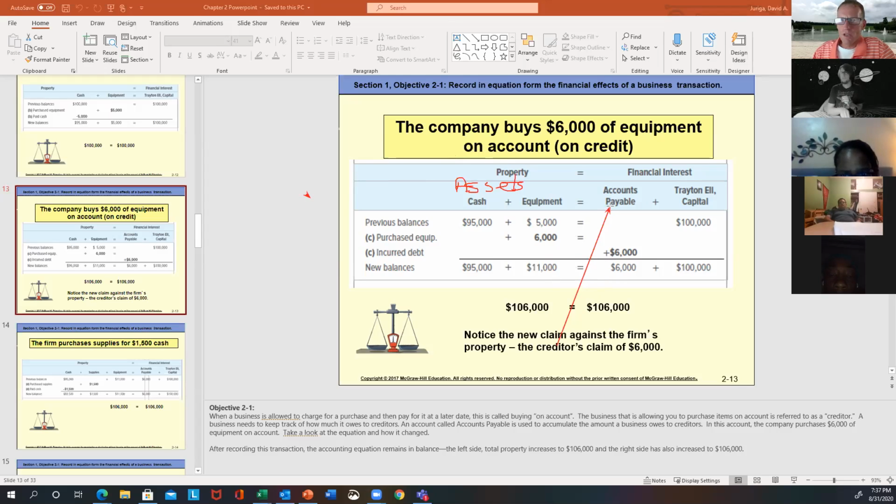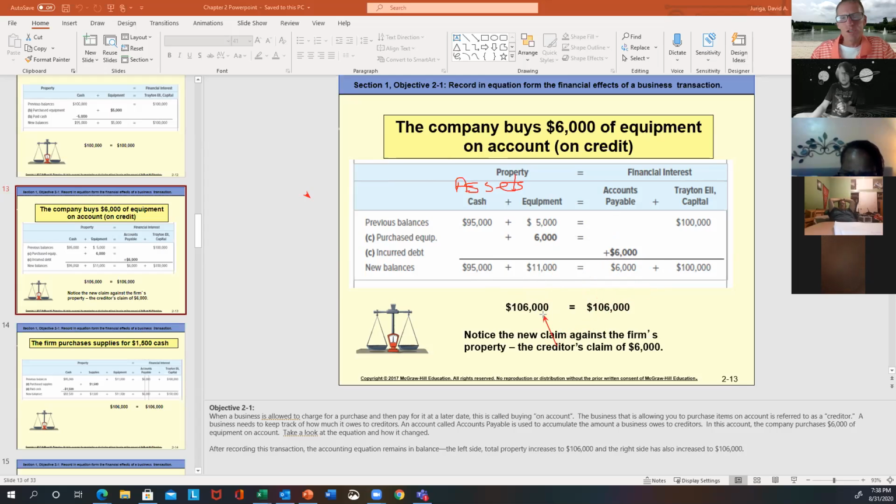Now there's another account called accounts receivable, which people always get confused with. But accounts payable, anytime you see payable, that's going to be the liability. So in this case, you bought the equipment for 6, and then you also increased your debt by 6. Notice your equation is still balanced. 95 plus 11 gives you 106, and your total liabilities, which is 6, plus your capital, is 106.